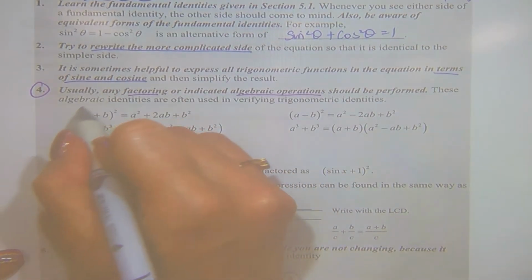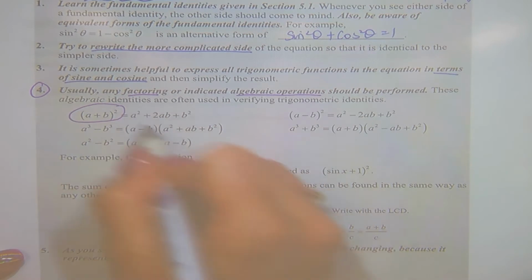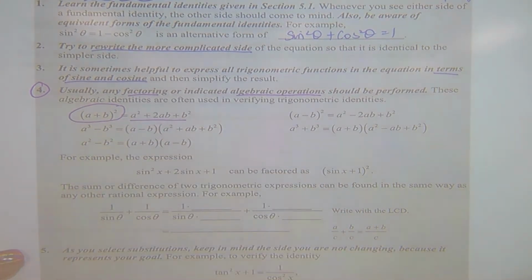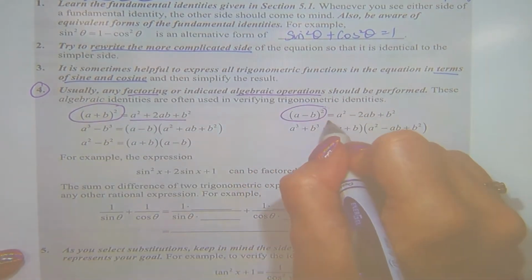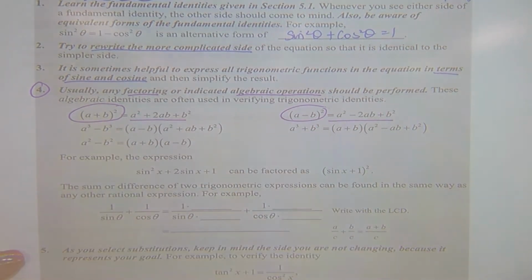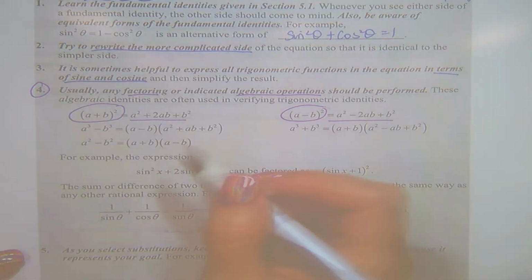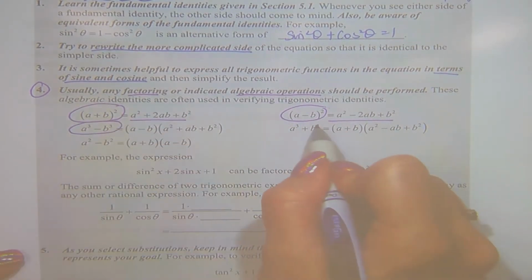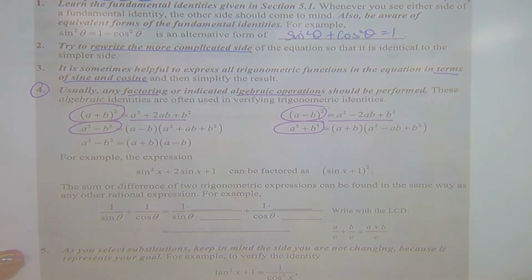You need to know what squaring a binomial looks like, turning into a perfect square trinomial. This is both squaring binomials, with a sum and with a difference. You should be familiar with difference of cubes and sum of cubes, what that pattern looks like. And you should be familiar with difference of squares. If you do not remember how to do these algebraic operations, I encourage you to go look up some Khan Academy videos.